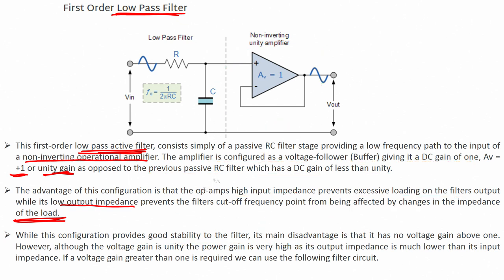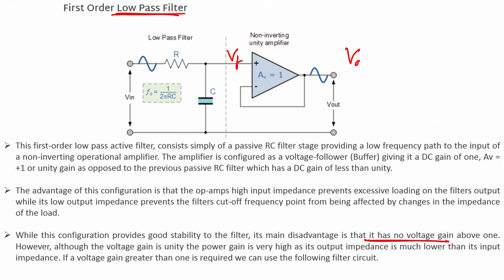The drawback or disadvantage is that it has no voltage gain. You see why? Because whatever voltage you apply here, which is the output of your filter, VF, then V out will be similar to VF because it is a unity gain amplifier.